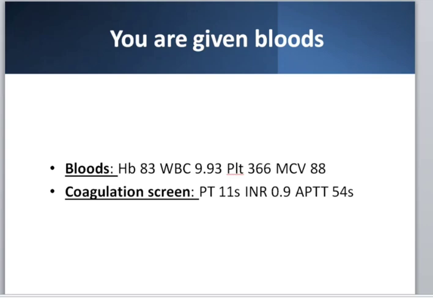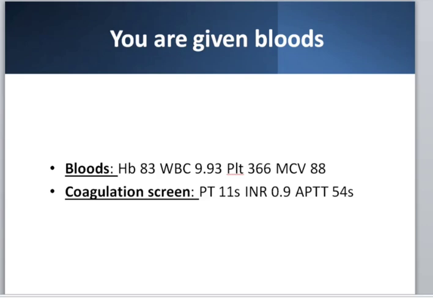Then the examiner will give you some blood results, or the scenario in a paper will have some coagulation results for you. So this patient's hemoglobin was 83, white cell count 9.93, platelet 366, MCV 88. Coagulation screen shows PT 11 seconds, INR 0.9, and APTT 54 seconds.